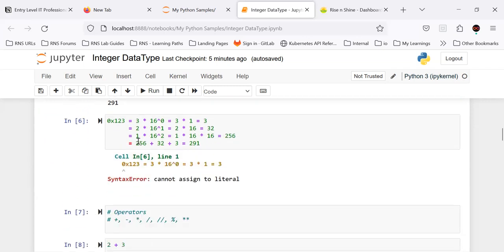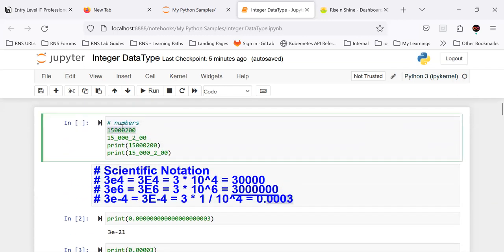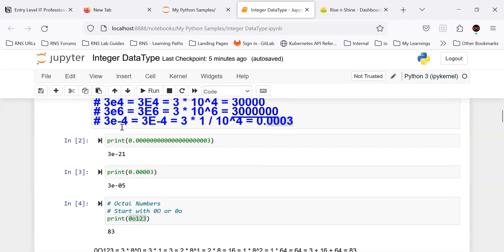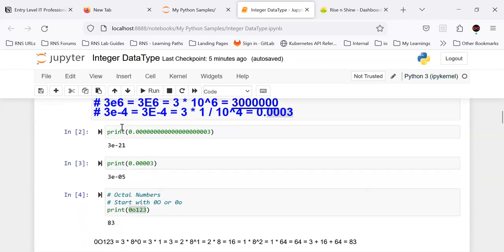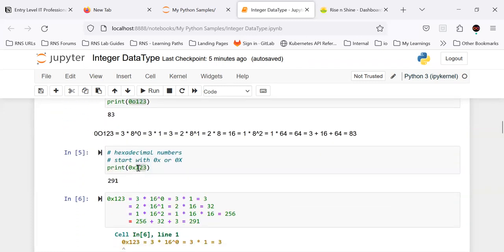In total, this is the decimal representation, so decimal is base 10. Octal represents base 8, hexadecimal base 16. We also have one more format, the binary format.